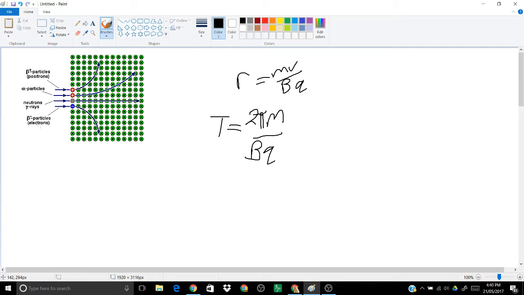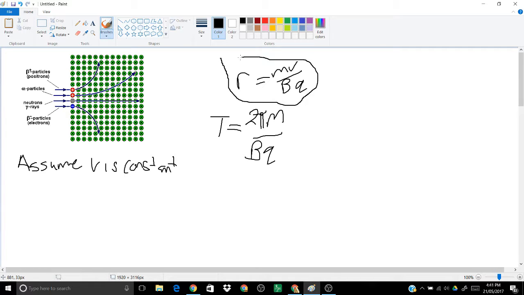Okay, let's assume all of these particles enter with the same speed. That's the point I'm getting at. Then what could make the paths different? Well, the key formula is this one. There's nothing in here that really tells you what time it takes for them to go around.